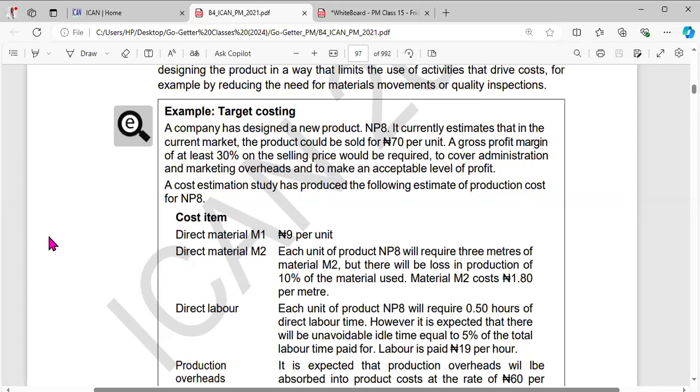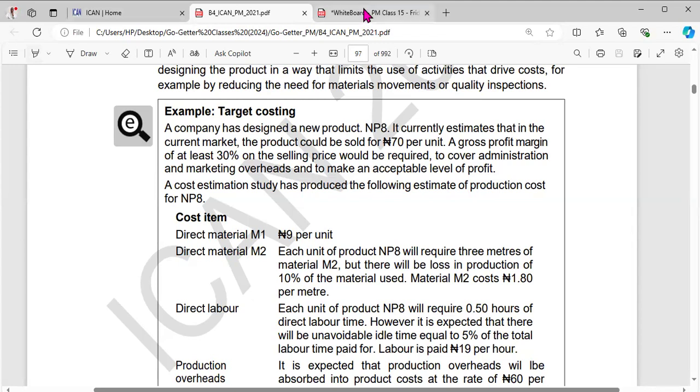So if your cost is higher than 70%, then your gross profit margin will be lower than 30%. They say a gross profit of at least 30% on the selling price will be required to cover administrative and marketing overhead and to make an acceptable level of profit.